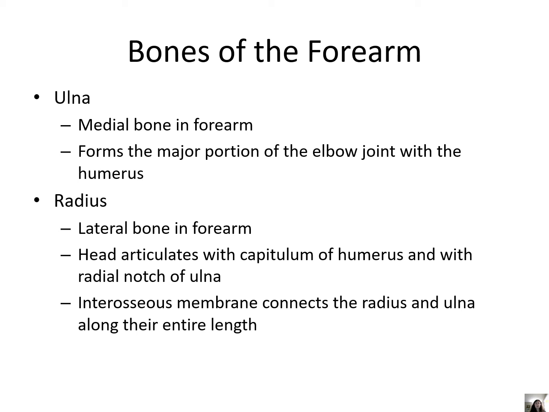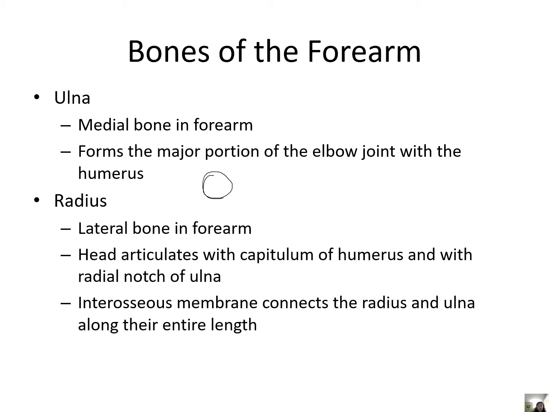It forms the major portion of the elbow joint with the humerus, whereas the radius is the lateral bone in the forearm, so it's going to be on the same side as your thumb. One way that I remember these two bones is that the head of the radius is very round.